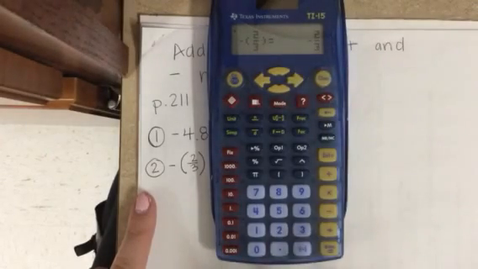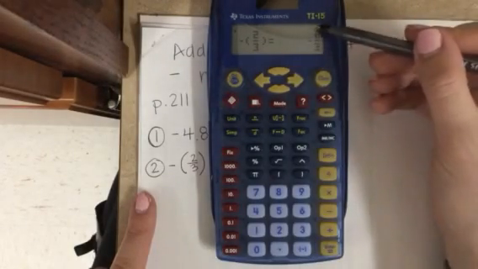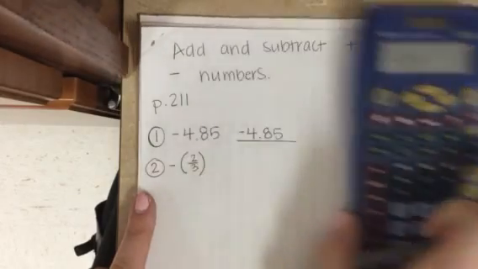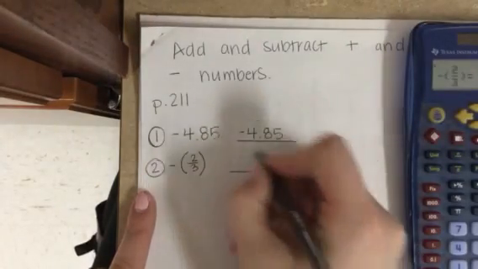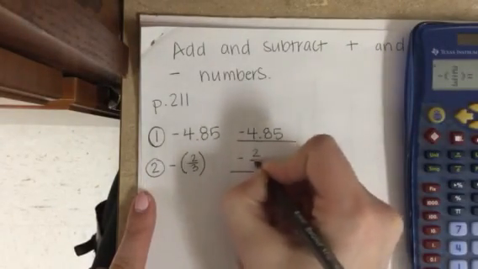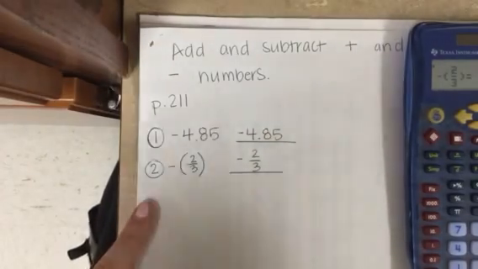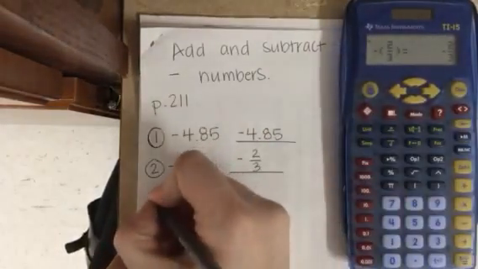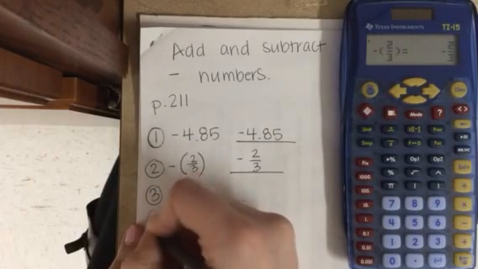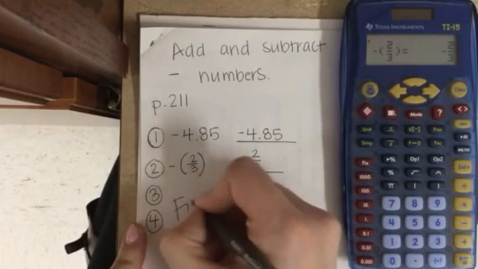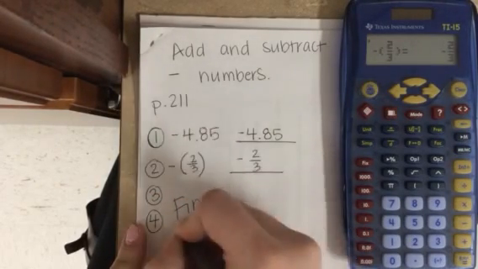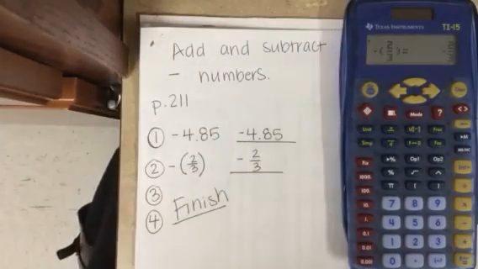And if I press enter, now it looks the same, but I don't have parentheses there, so that's what I'll be writing on my line. I'll be just writing -2/3. And you see how to do that, so make sure that you enter. You're going to do 3 and 4 as well, but you need to finish those on your own. So I'll just write finish here as a note so that you know to do that.